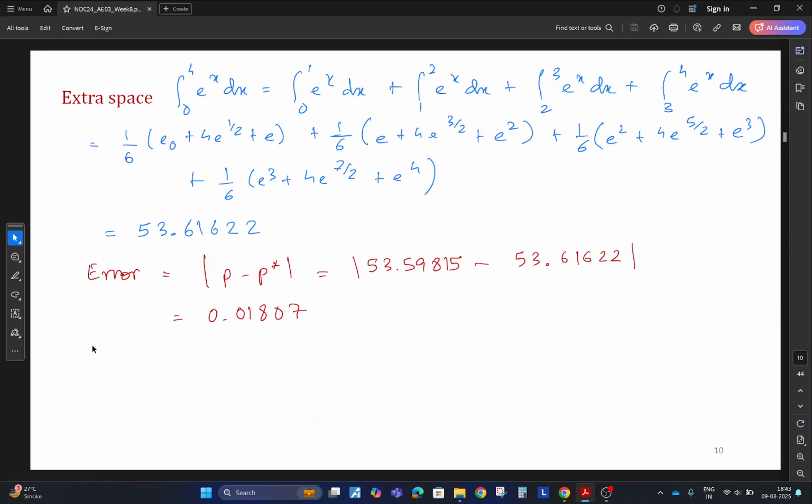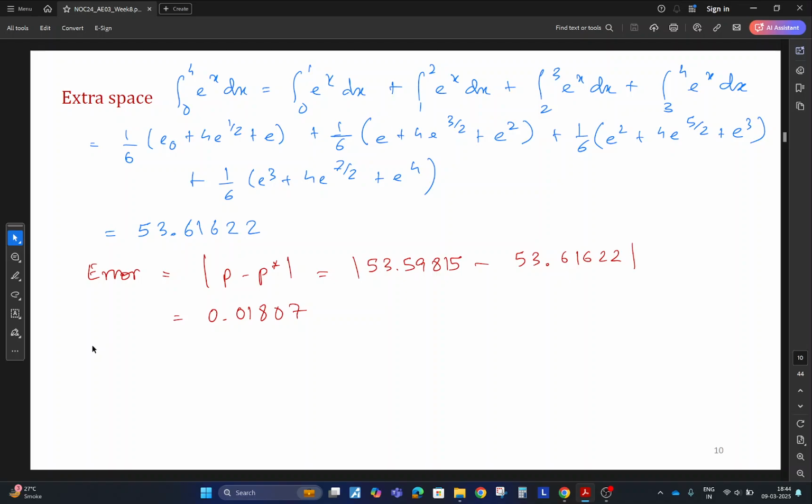Further, if we divide the given interval into four subintervals, the integral will transform as, instead of 0 to 4 e power x dx, we are now working with 0 to 1 e power x dx plus 1 to 2 e power x dx plus 2 to 3 e power x dx plus 3 to 4 e power x dx.